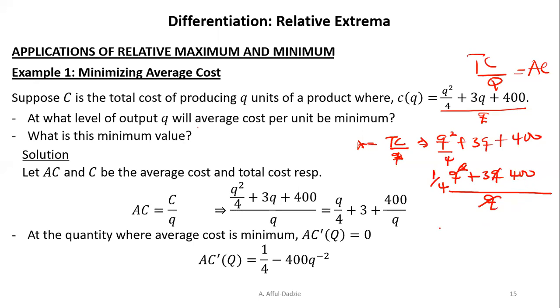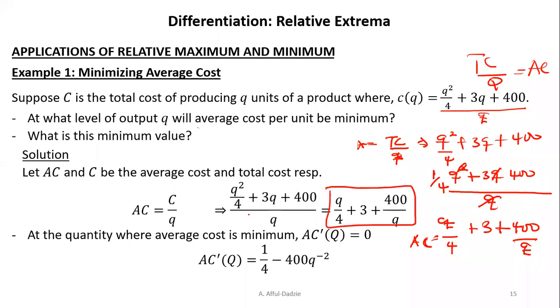So what you're going to have would look something like Q/4 plus 3 plus 400 over Q. This one here will give you the average cost function. This gives us our average cost function, which we can all see here. So this is all that we have done here.